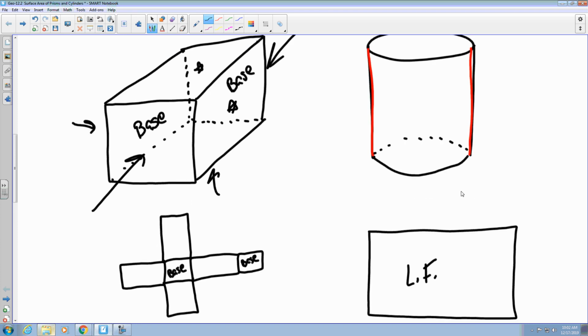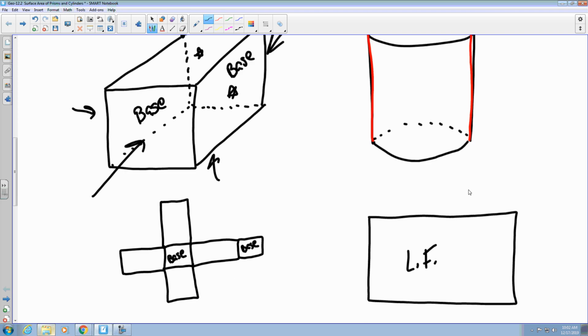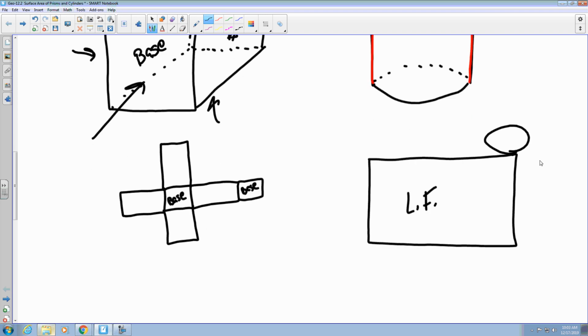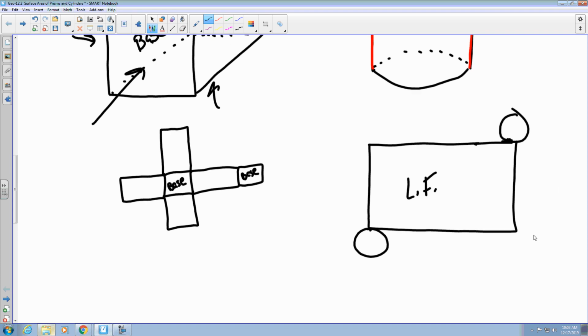Now what we have to do is create the base on each side. The base is a circle. So I'm going to have a circle here, and a circle here. This is a crummy circle, I'm going to redo it. That's better.